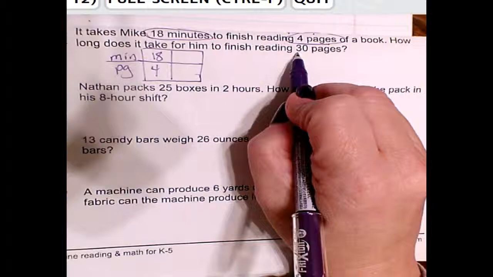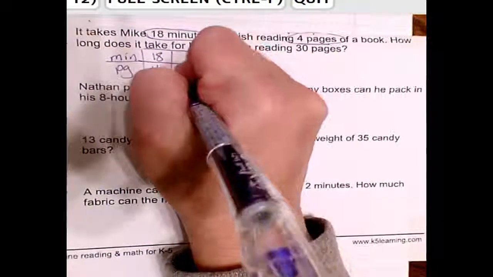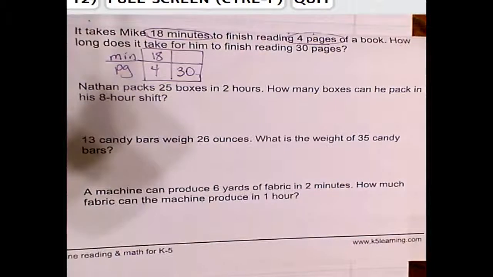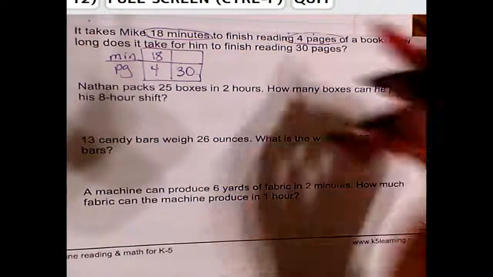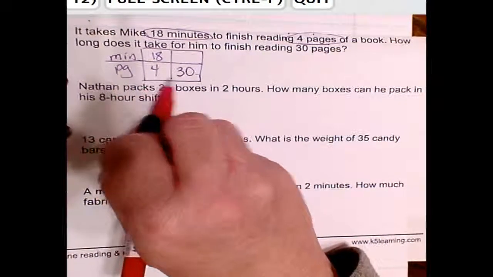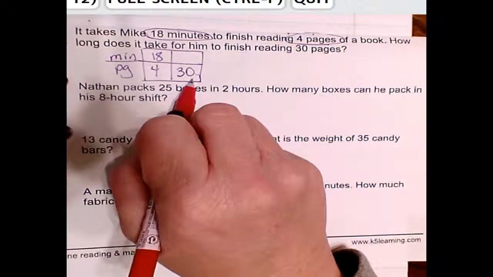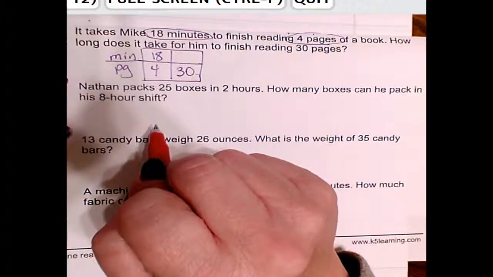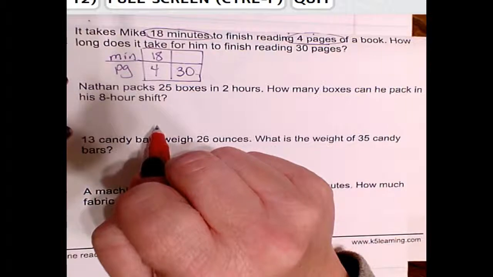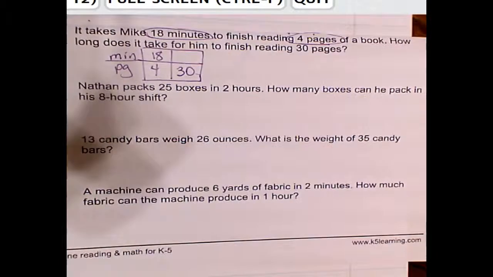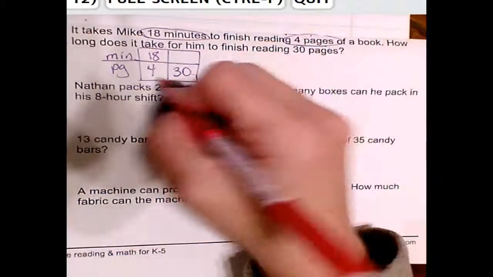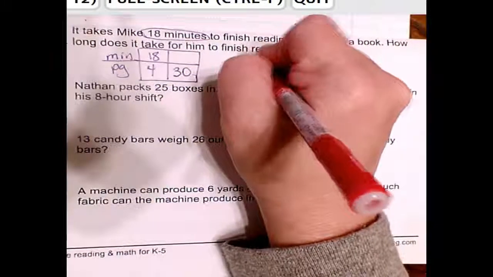We want to know how long it takes to read 30 pages. So I'm going to put my 30 right here, because we have pages, pages, pages. How does 4 go to 30? Four cannot go to 30, so we're going to simplify.